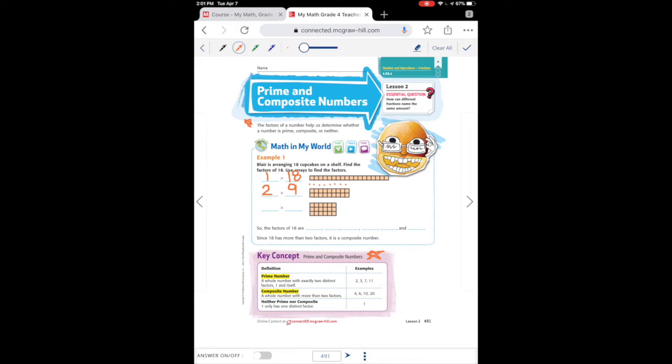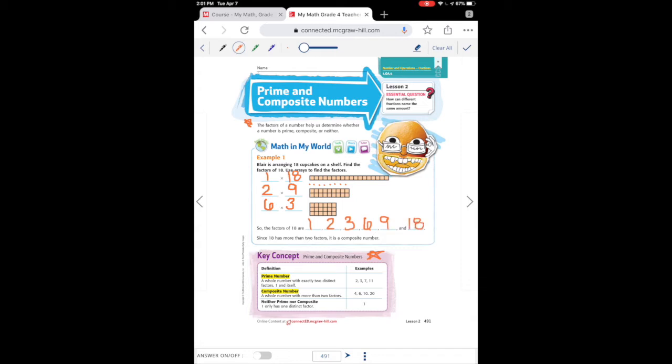Then the last way is she made 6 columns and 3 rows. So we could do 6 times 3. So the factors of 18 are 1, 2, 3, 6, 9, and 18.